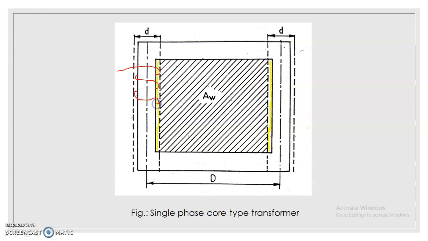Between this solid line and this dotted line, the whole winding will be placed. So that yellow shade is nothing but the copper area in the window.